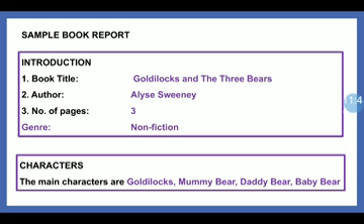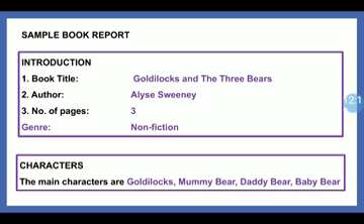There are times you may see 3, but in this case I've placed 4. So in your introduction, you need to identify your book title. In this case, the book's title is Goldilocks and the Three Bears.